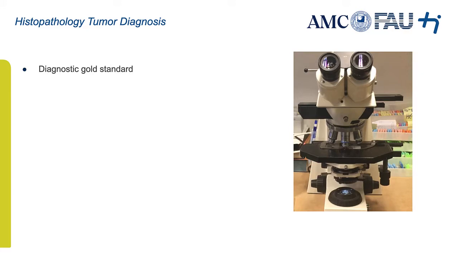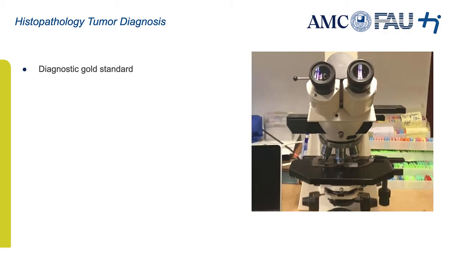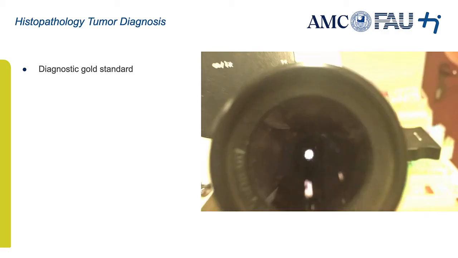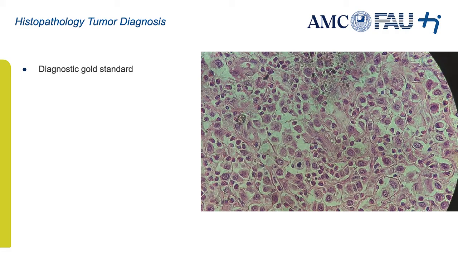Now before we start, let me quickly introduce to you what this is all about. If the malignancy of a tumor is to be investigated, the gold standard for this is histopathology, that is, taking a thin slice of tissue, staining it, and investigating it under the microscope. Tumor tissue consists of a large number of cells, but some of them are of particular interest.